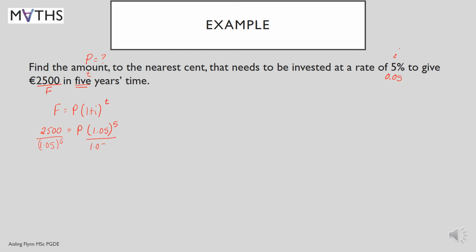So always remember your algebra. If you do something to the left of an equation, you must do the same to the right. Anything divided by itself, of course, is just 1. So this gives me the result: P is equal to 2,500 divided by 1.05 to the power of 5. Now let me show you how I did that on the calculator.